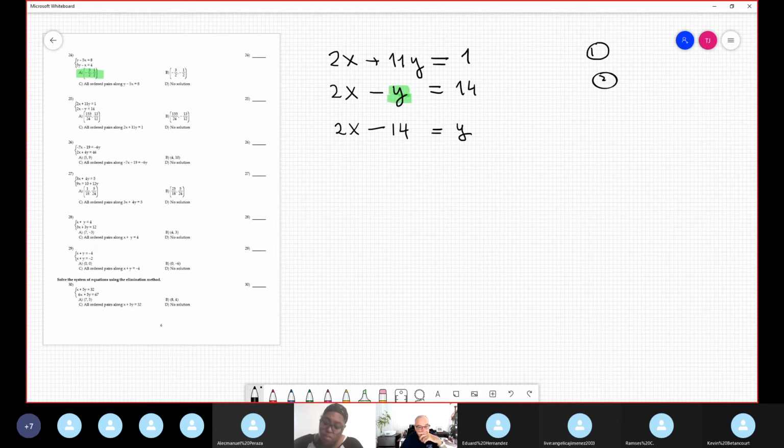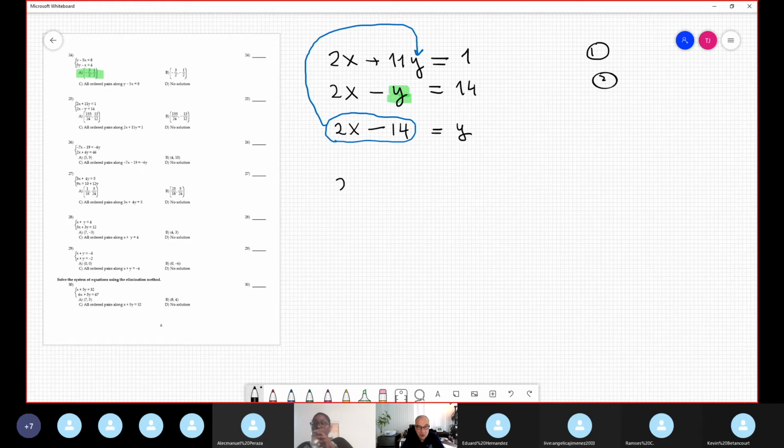Okay, but I like that way. Now, this expression, substitution in another equation, because we manipulated the equation 2. However, now I substitute in the equation 1 here in the y place.